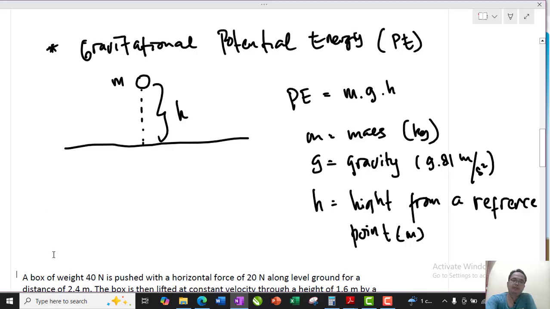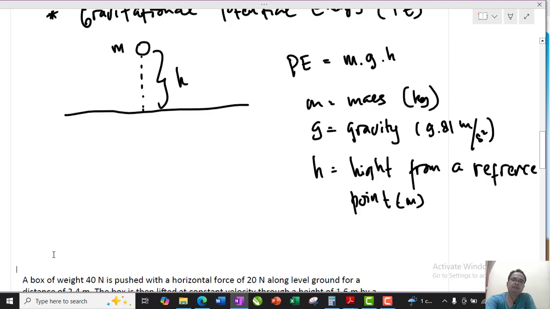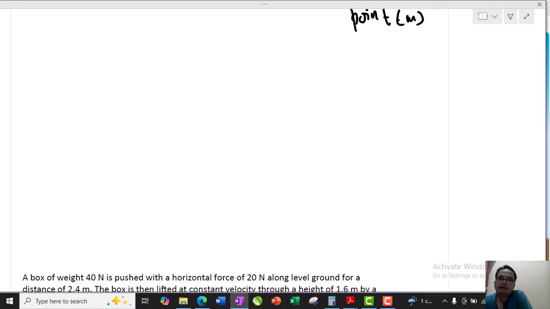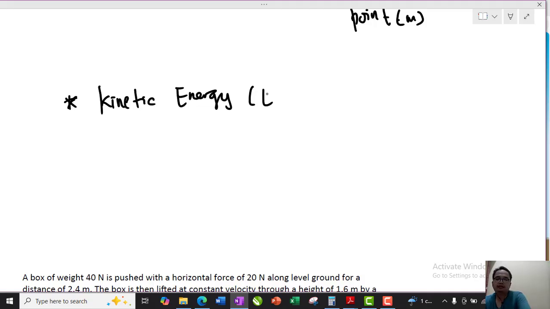And then we have kinetic energy, sometimes we call this KE. What is kinetic energy? Kinetic energy is an energy owned by an object because it has mass and velocity.